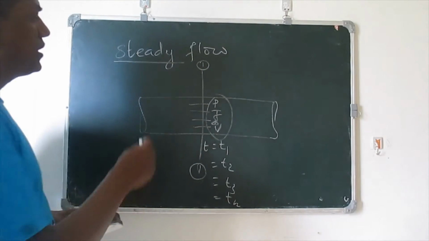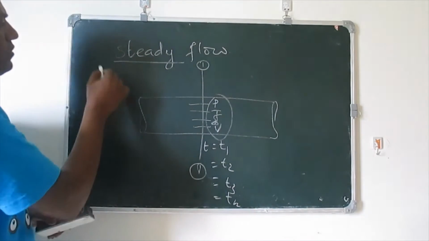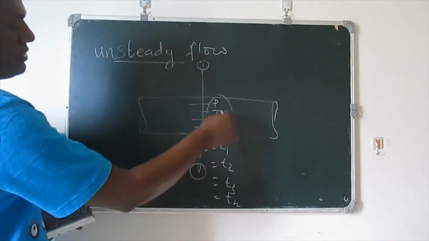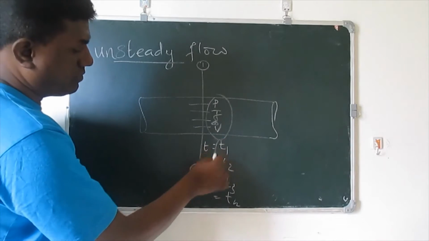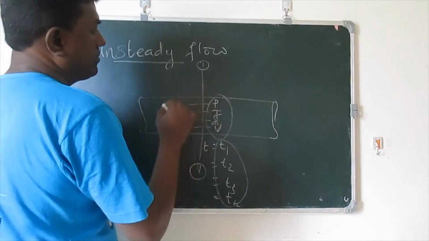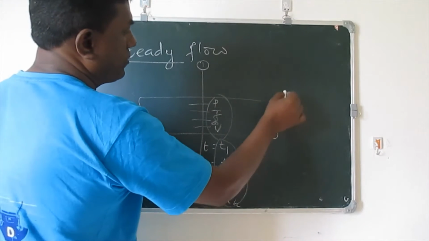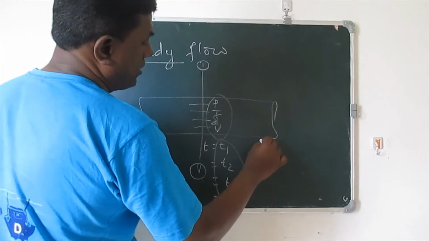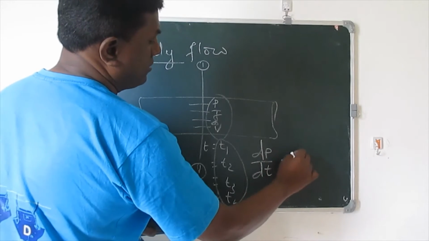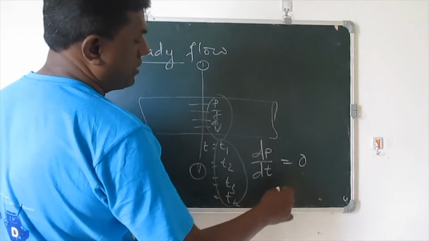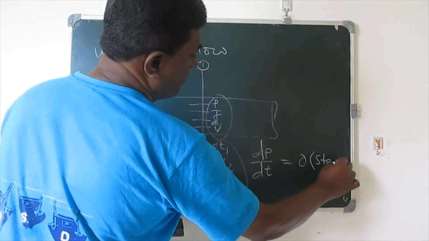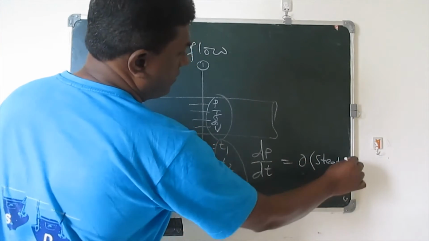Then unsteady flow is very simple. We just say that these parameters change with respect to the different time intervals. If you want to put it this way, dp by dt equal to 0 is for steady flow.